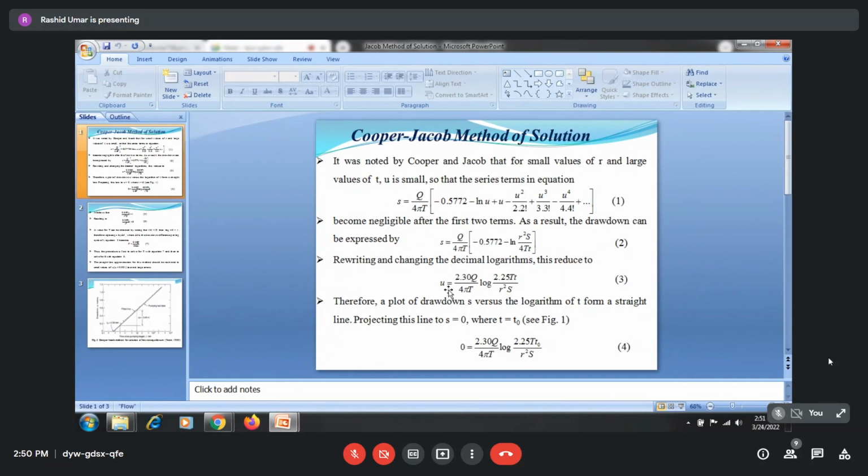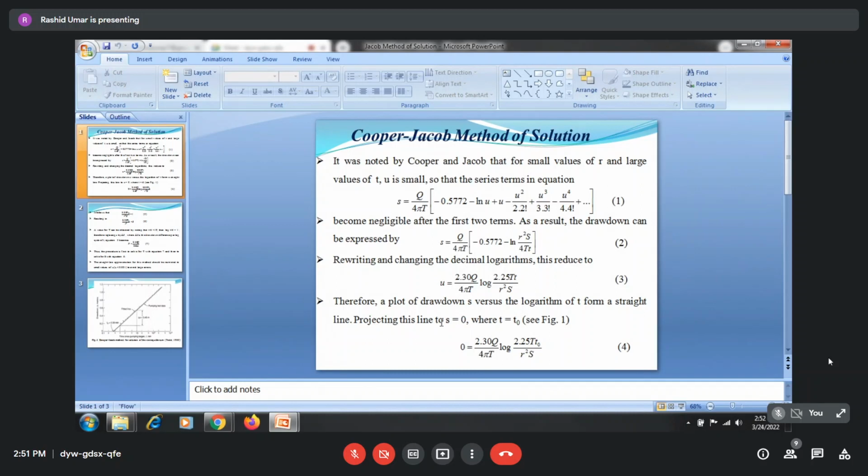So this equation can be expressed as s is equal to 2.3 Q upon 4 pi T, log of 2.25 T t upon r square S. By considering this, if we plot drawdown s versus logarithm of time t, it will form a straight line.